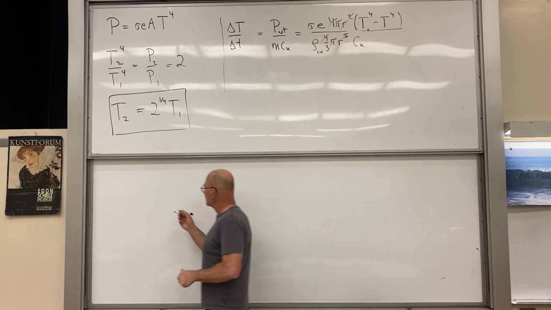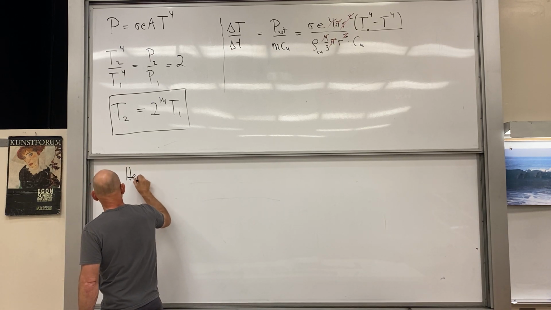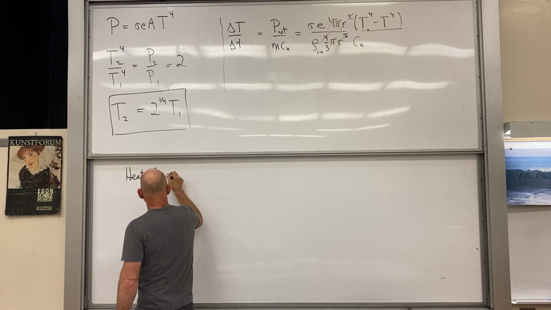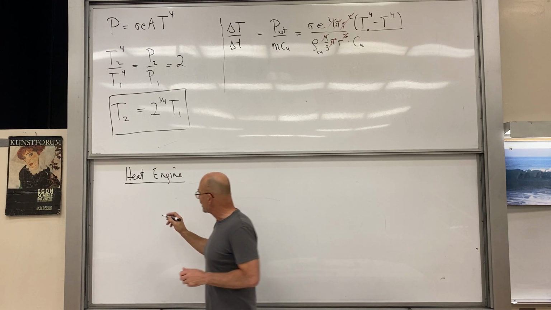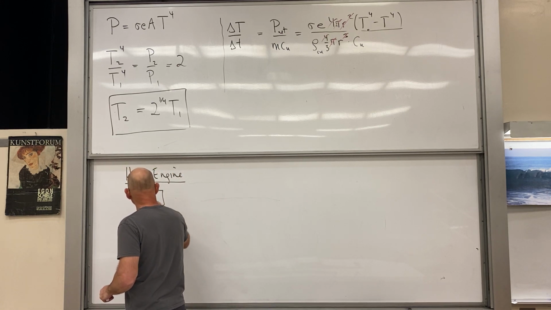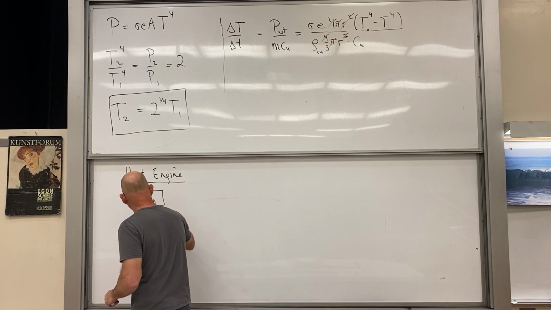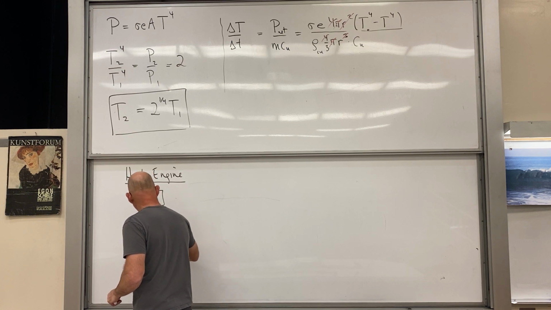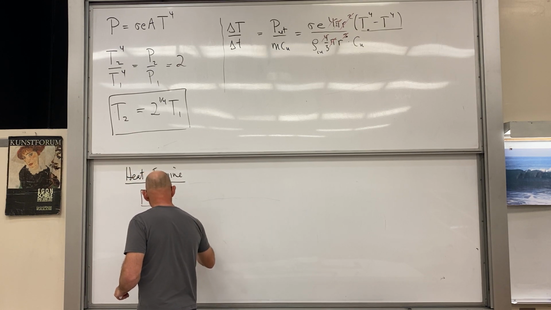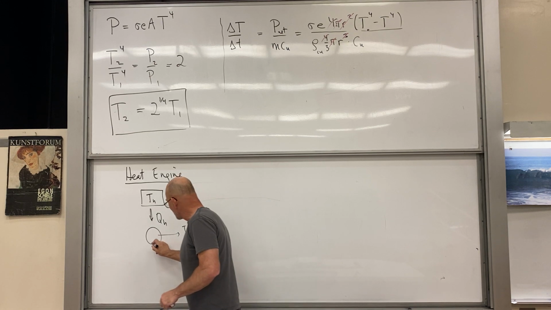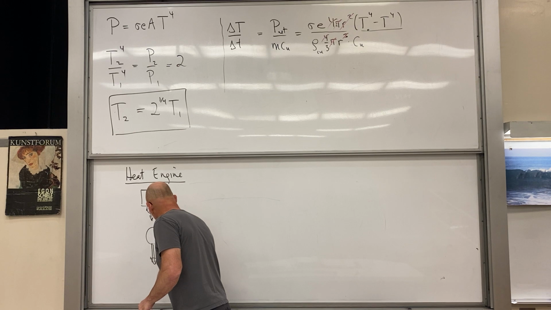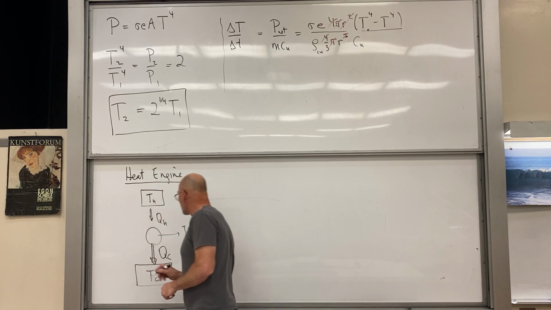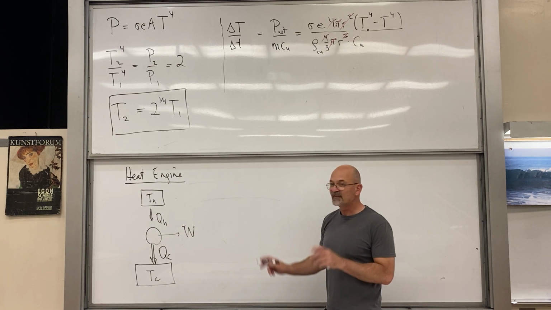I'm going to remind us that for the heat engine, we can analyze this schematic diagram in which we have a high temperature reservoir, energy given off at a high temperature to the engine. It kicks out work, but in order to cycle, we have to have QC dumping heat into a low temperature reservoir. So that's the schematic.